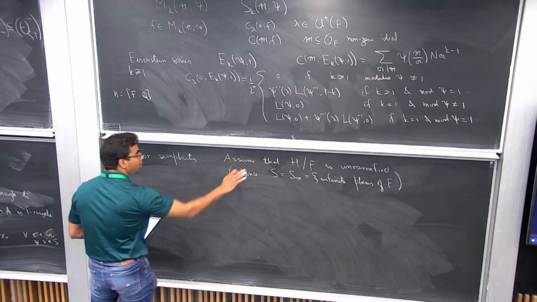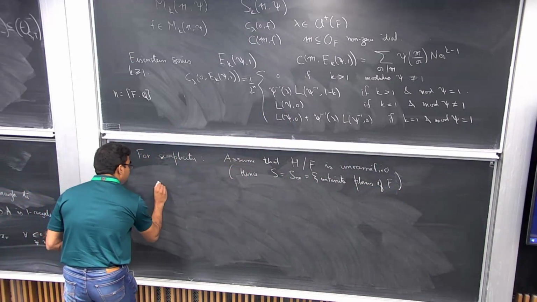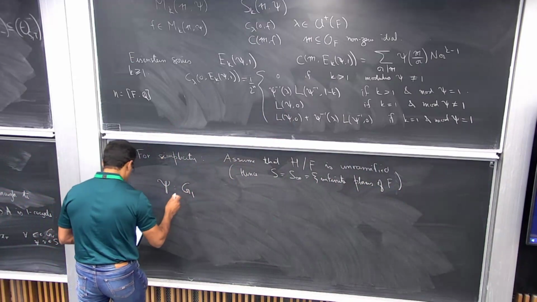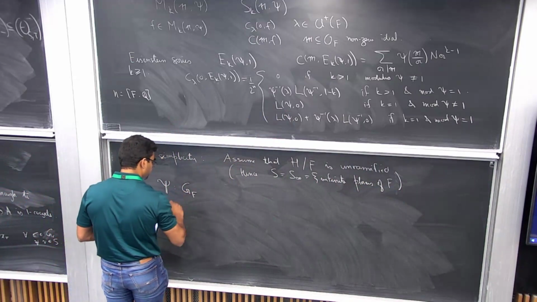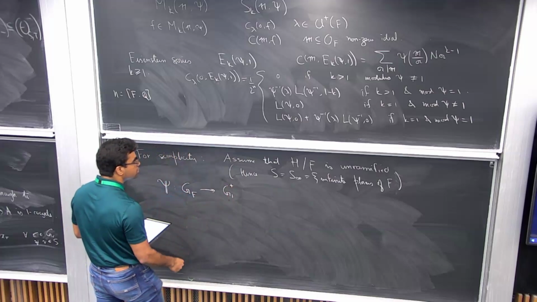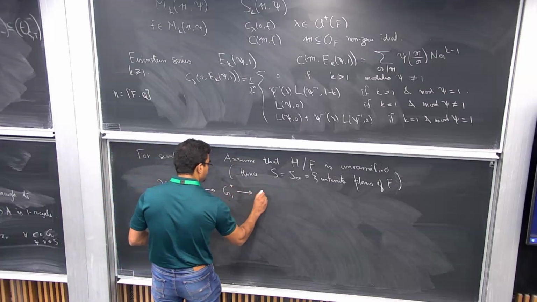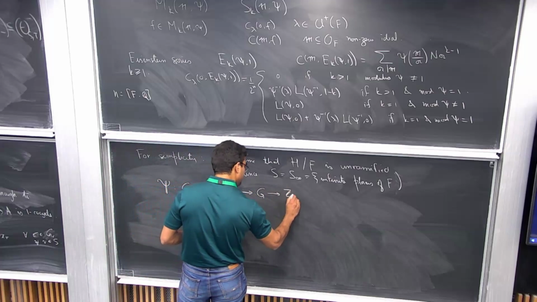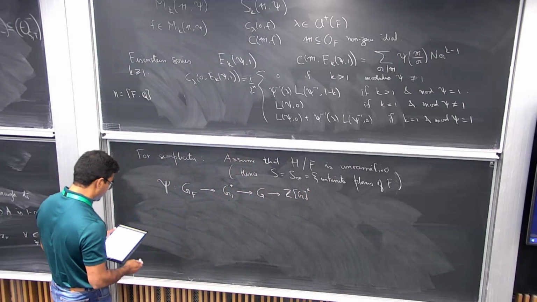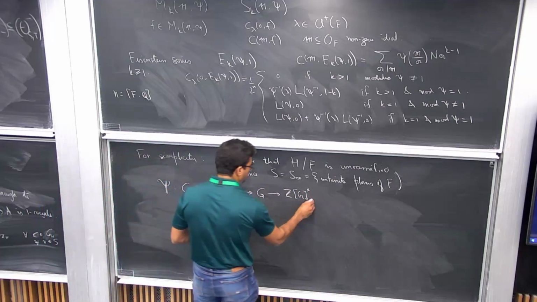From now on we'll have the simplifying assumption. So this bold psi will denote this character which goes from the narrow class group of conductor 1 to G, and then this goes into Z[G] cross, or minus that.